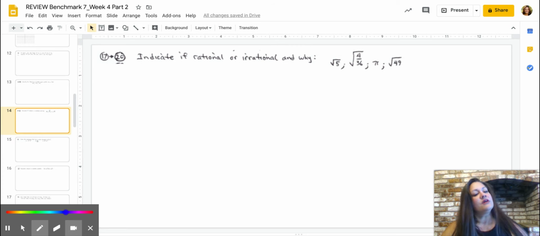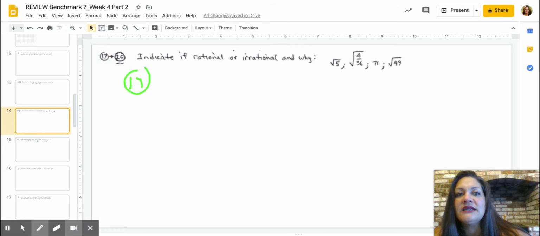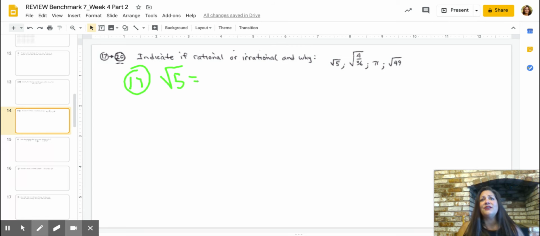Okay, so this first one, easy because I'm going to do green. So for number 17, square root of 5. Well, I can look at that and I already know that it's irrational because it's not a perfect square. Okay, so square root of 4, that's a perfect square, it'd be 2.